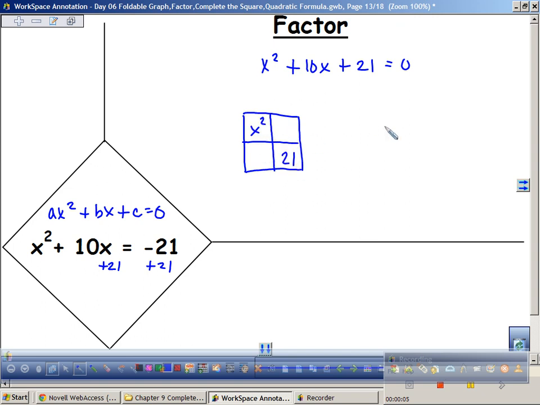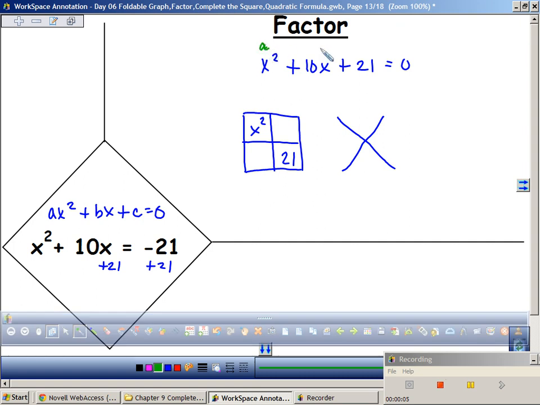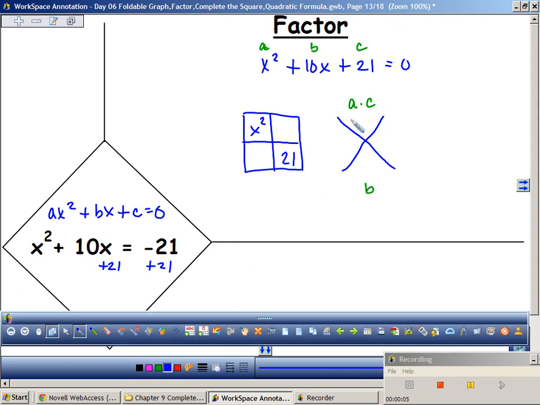What goes in here? And what goes here? And since we don't know what goes here, we're going to use an X. Let me change the color for this. This is my A, B, and C. A times C is what? 21x squared.